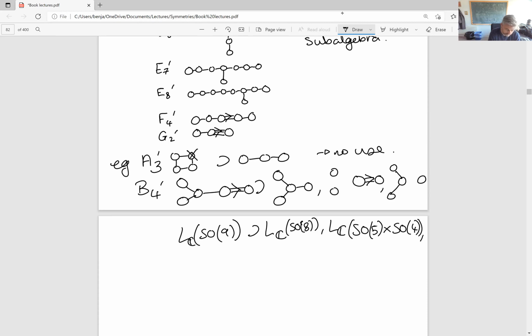And here on the right-hand side, we have the Lie algebra of, for example, SU4 cross SU2. These are examples really.